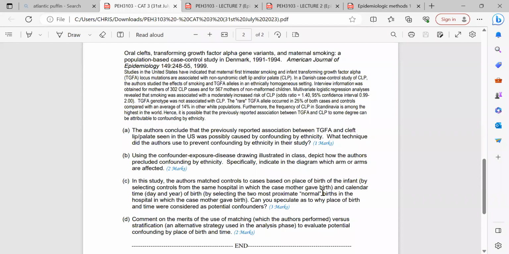So is ethnicity a confounder? Yes, ethnicity is a confounder. The question asks to depict how the authors precluded confounding by ethnicity, so we need to have something like this.